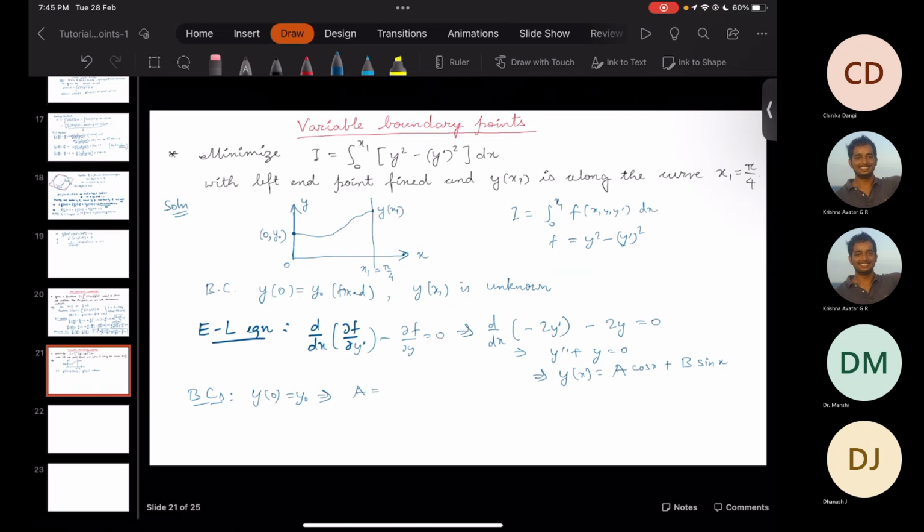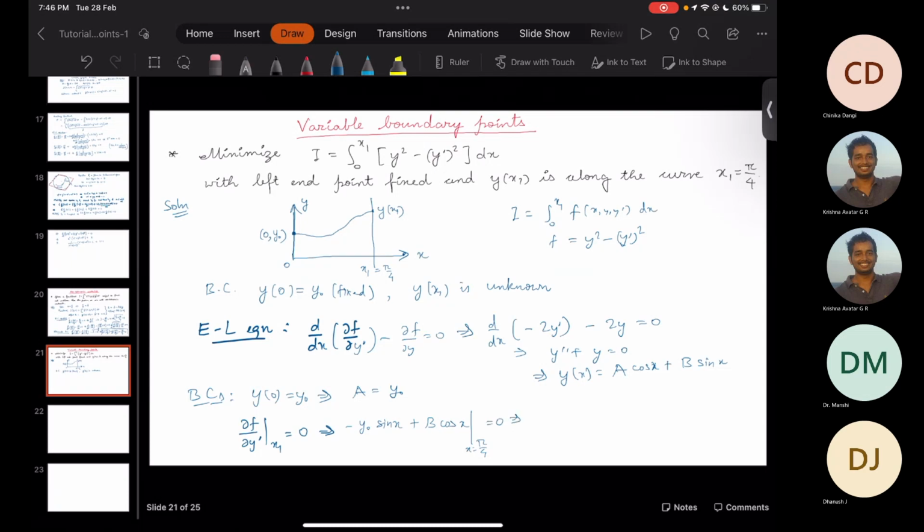Using this, we have A is equal to y0, because cosine of x at 0 is 1 and sine of x at 0 is 0. And the second condition we had seen is ∂f/∂y' at x1 is equal to 0. So this evaluates to minus y0 sine x plus B cosine x at x equal to pi by 4 is equal to 0.